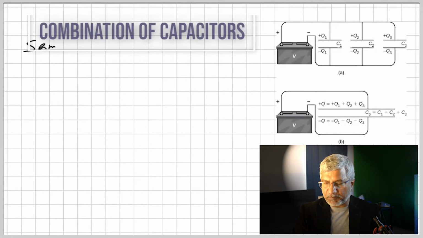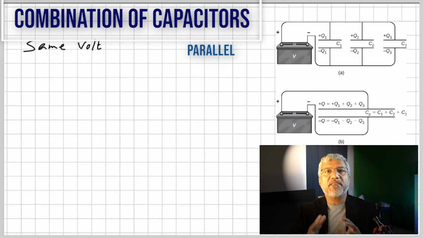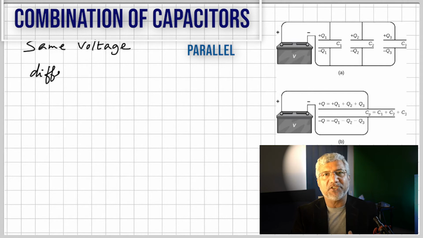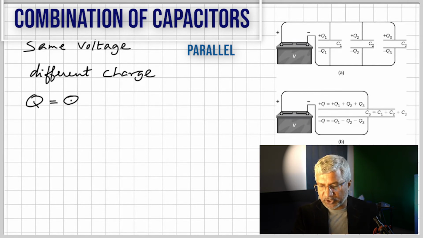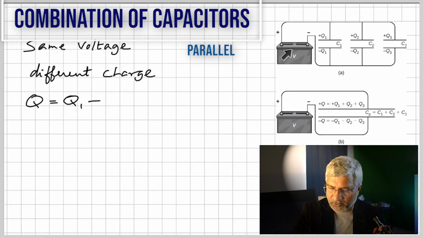Now, if you connect capacitors in parallel, then the voltages across them will be the same, but they will accumulate different charges. Why is the voltage the same? If you look at how they are connected, each capacitor is individually connected to the battery. Therefore, whatever the voltage of the battery is must be the voltage across the three capacitors.